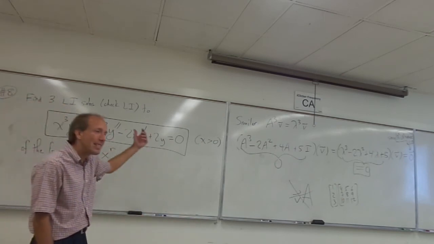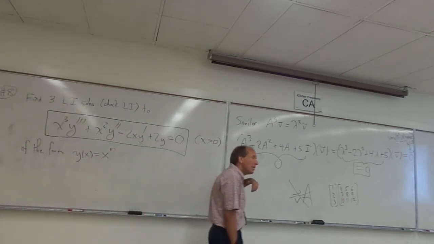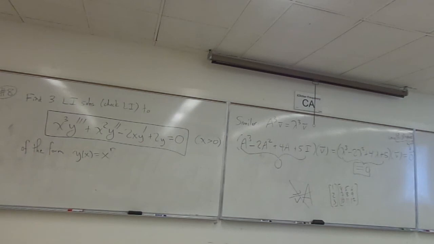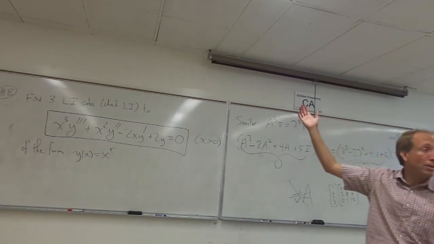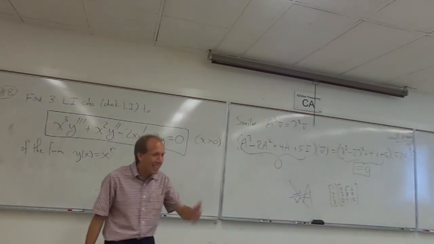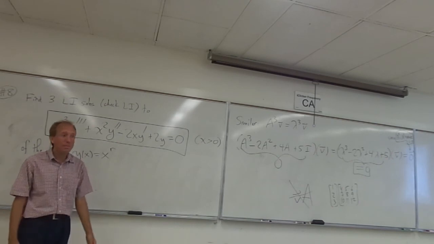But I can still ask this question because we still have the theory that we learned. The theory is that any third order linear differential equation has a three-dimensional solution space. So if you can find three linearly independent solutions, all other solutions are just linear combinations of those.